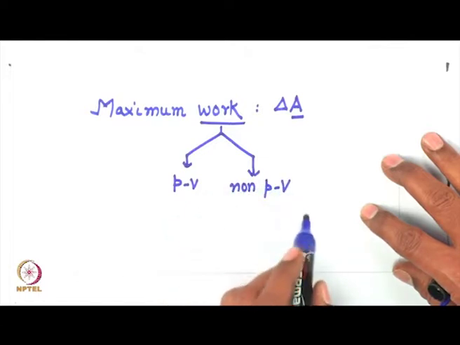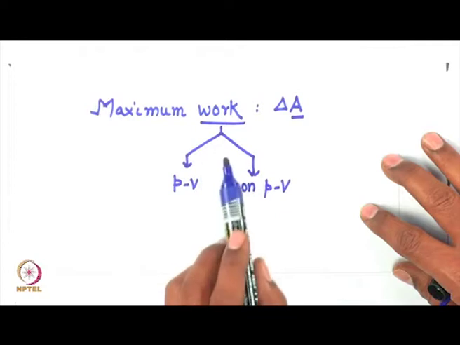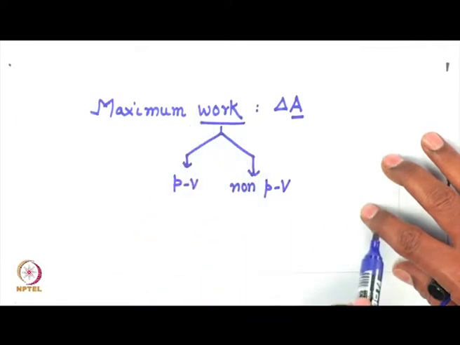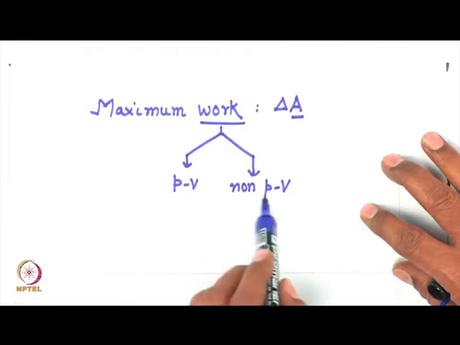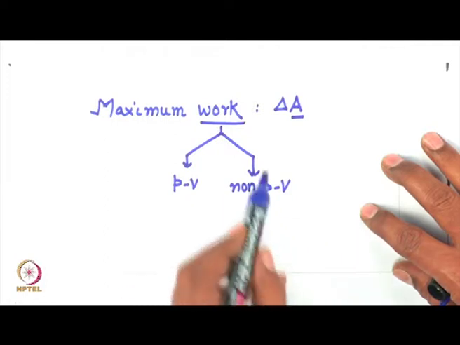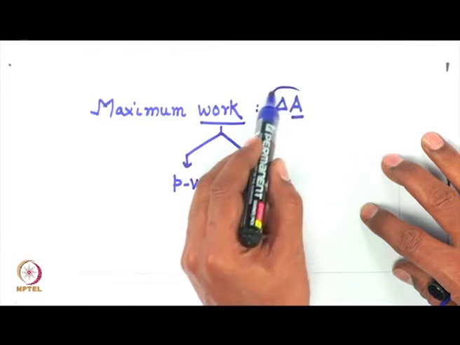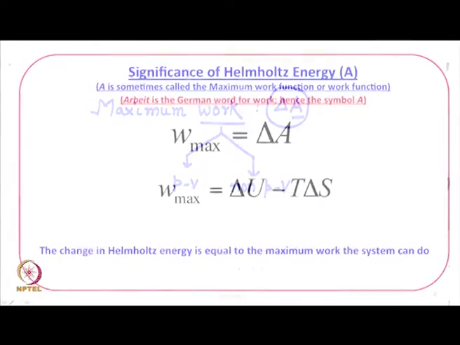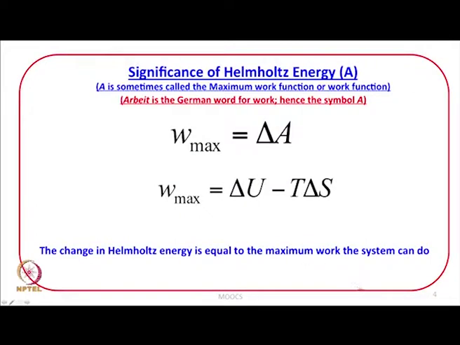That means, if we are to find out how much maximum work is obtainable from the system, inclusive of both pressure volume and non-pressure volume work, we need to calculate the value of delta A. That is what the comment mentioned here in the slide says, that the change in Helmholtz energy is equal to the maximum work the system can do.